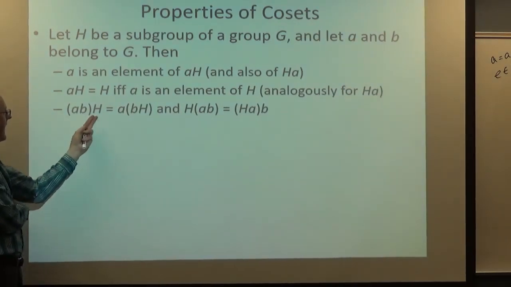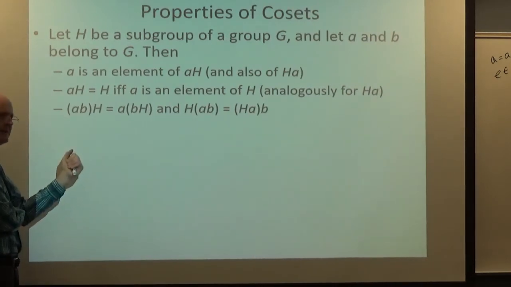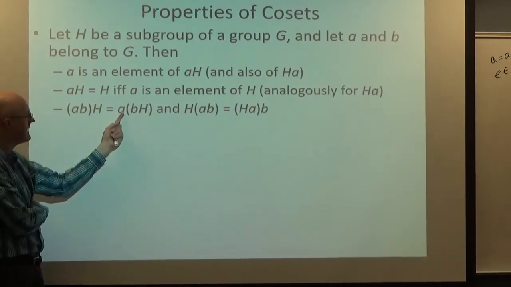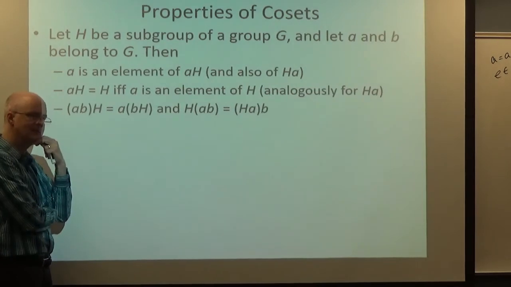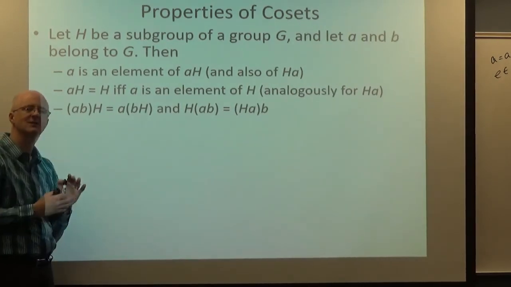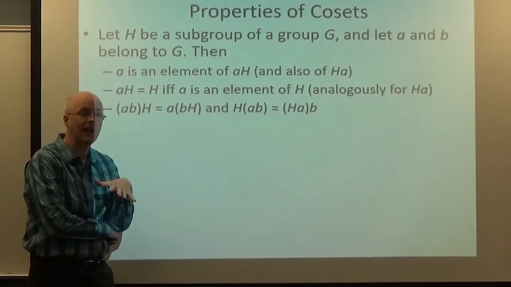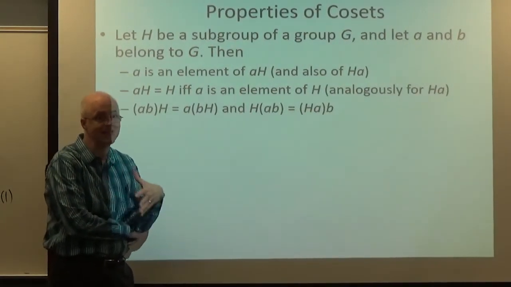AB, H, the left coset of H in G containing AB, equals A, BH. Here's where that distinction between H being a subgroup of G, or perhaps just being a subset of G, is important.